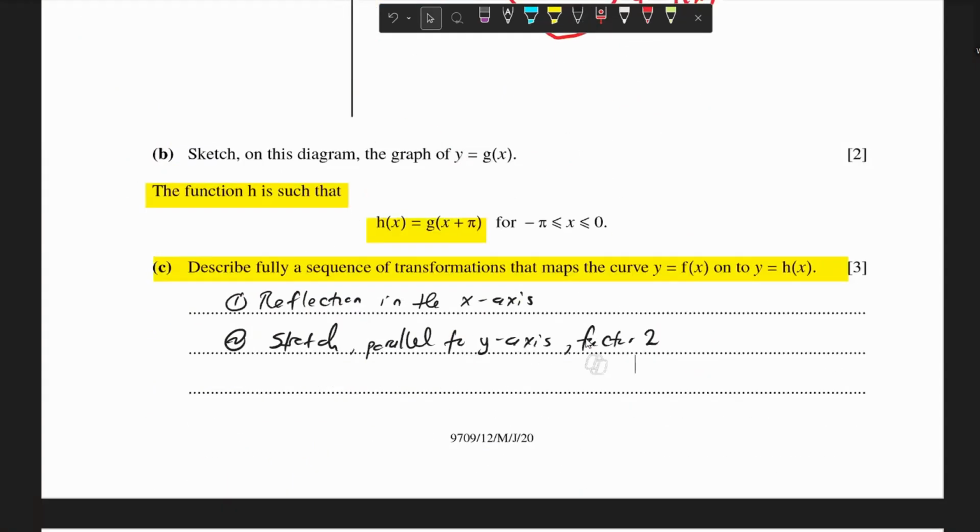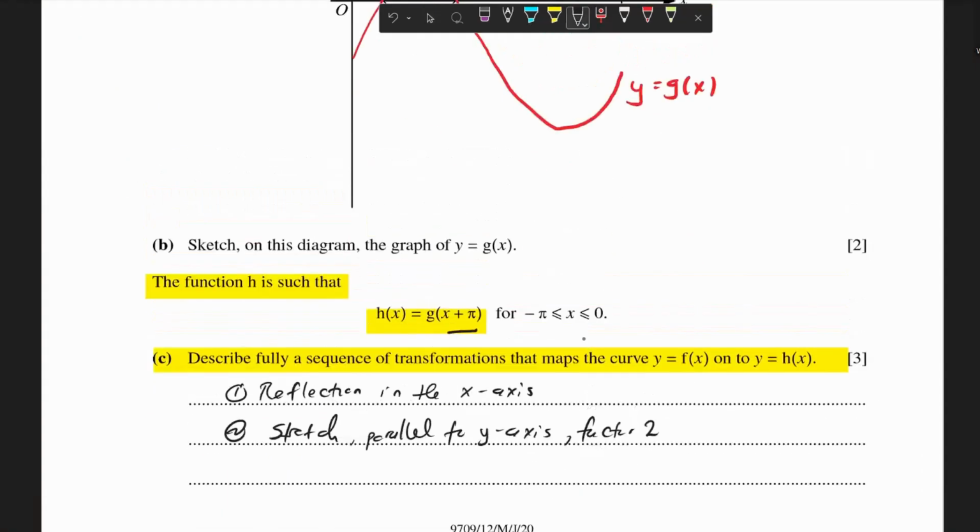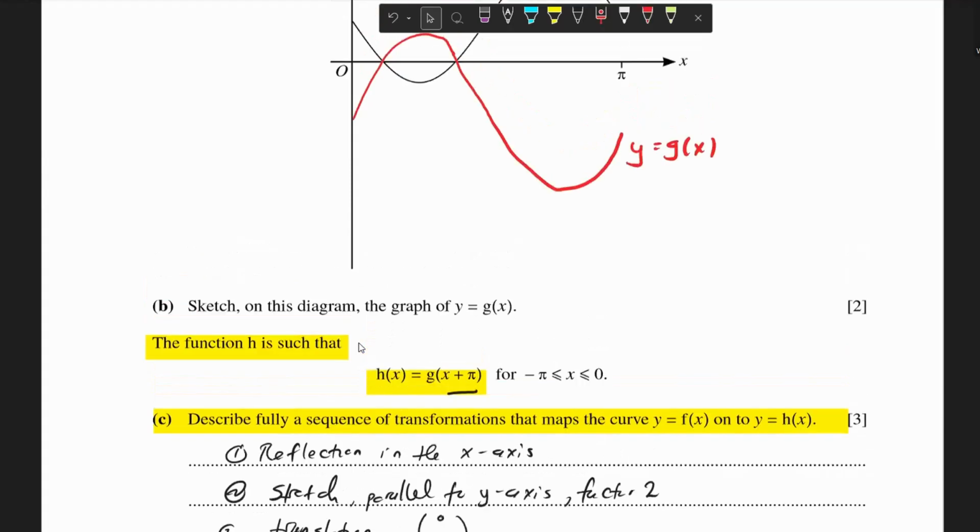Then there's also the part g of x plus pi, which technically is a translation, right? And the vector is 0 and minus pi. So that's the sequence of transformations mapping f of x onto h of x, really. All right, so that's how we do it.